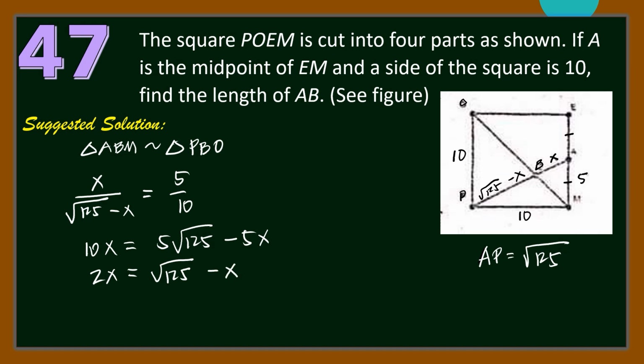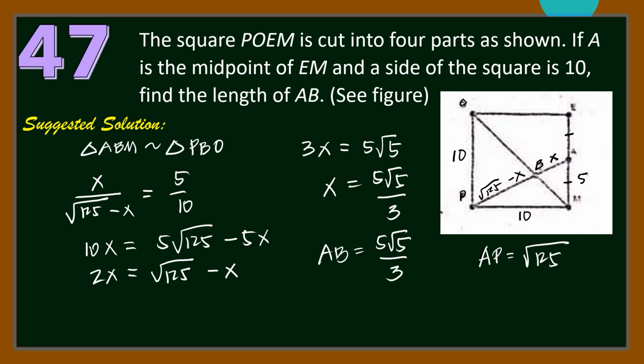Adding x to both sides of the equation, we have 3x equals square root of 125, which is 5 square root of 5. Then solving for x, this is 5 square root of 5 over 3. Therefore, the length AB is 5 square root of 5 over 3.